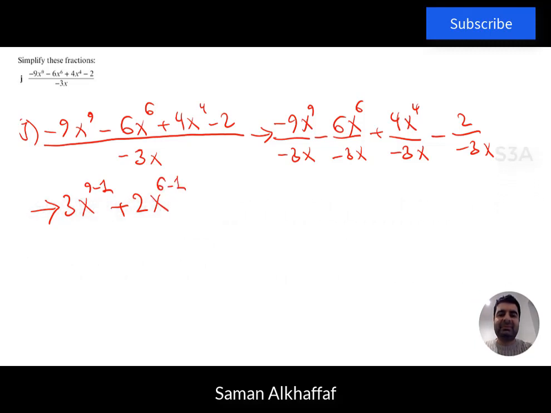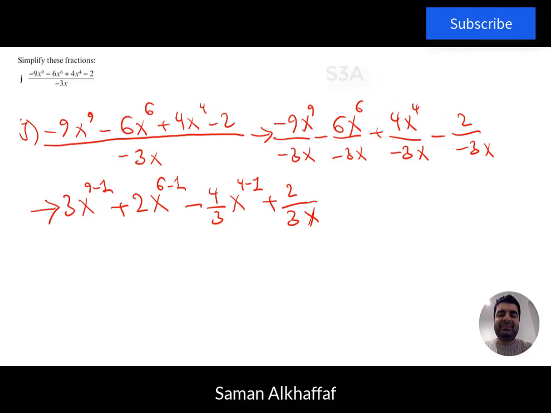And we have a positive and negative, so the negative will take the power here, and we have 4 over 3. X to the power of 4 takes away 1 as we move the denominator up, and we also have the negative and negative here, so that becomes a positive 2/3. So we will keep the x in the denominator, so that will be 2 over 3x.